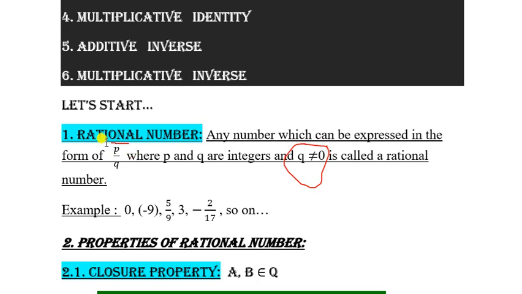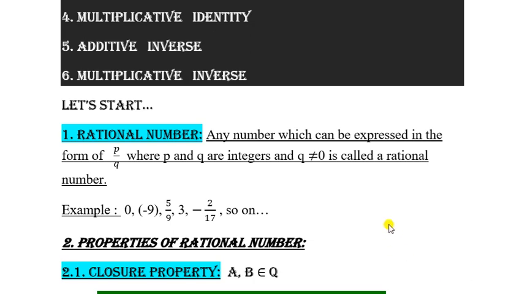For example, 0, minus 9, plus 9, 5 by 9, 3, minus 2 by 17, and so on. If any number can be expressed in the form of p by q, then it is a rational number, otherwise no.